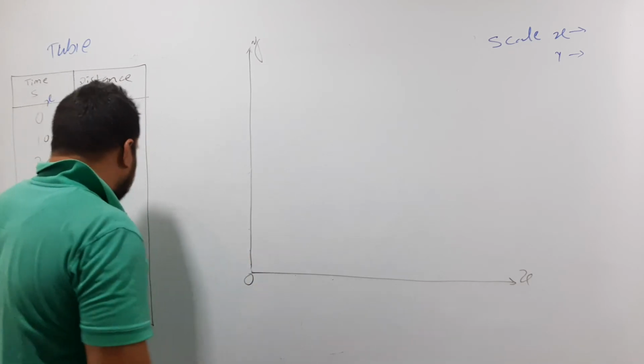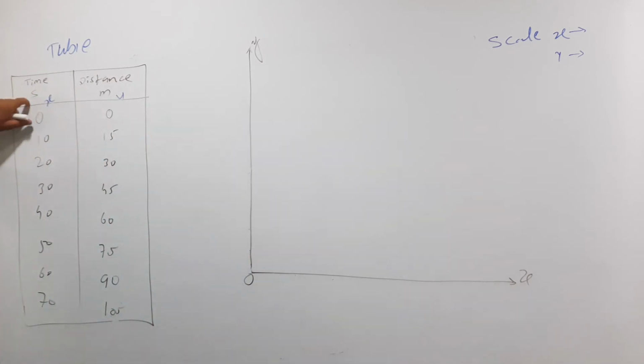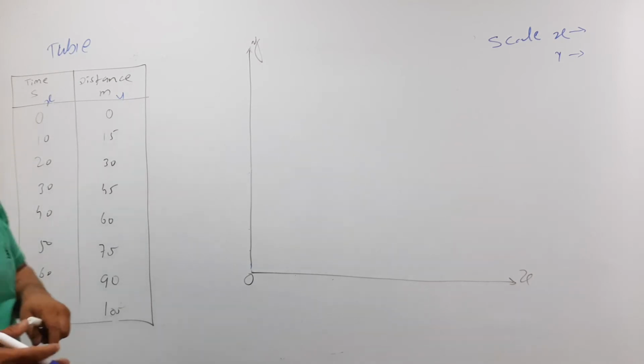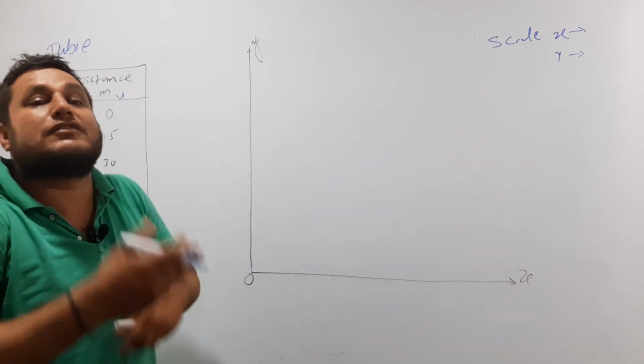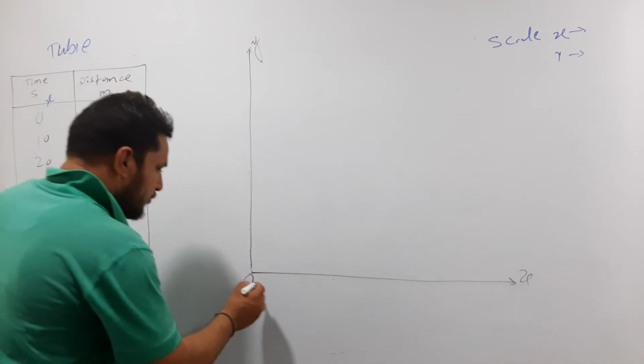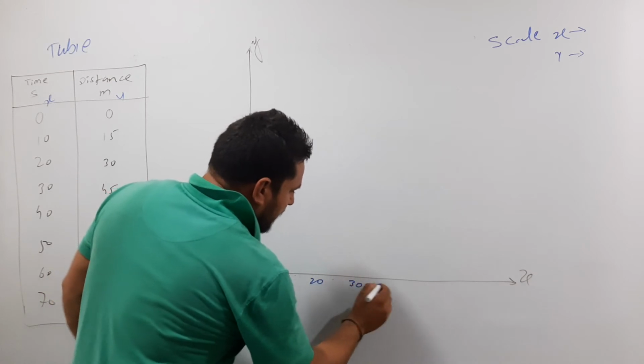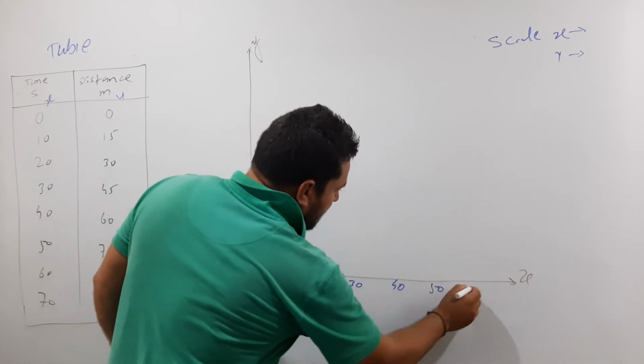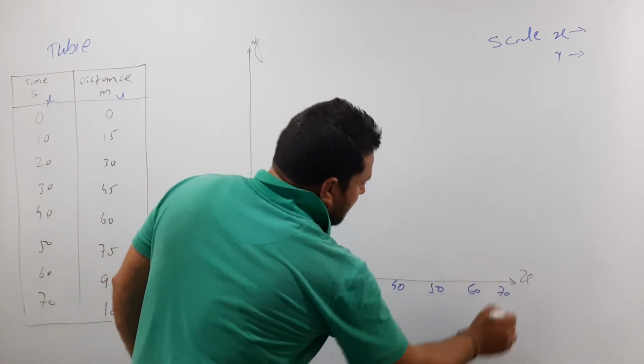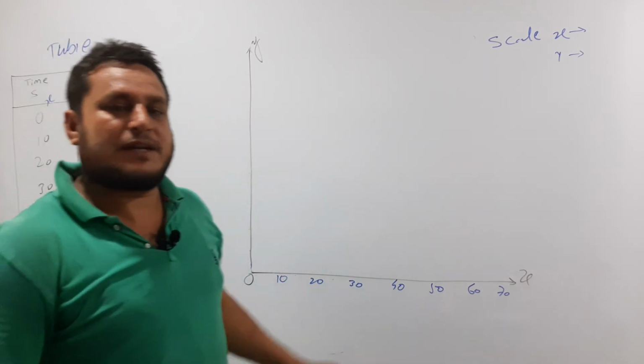Just observe the values of time: 0, 10, 20. Every time it increments by 10, so 0, 10, 20, 30, 40, 50, 60, 70 and so on as per our requirement.